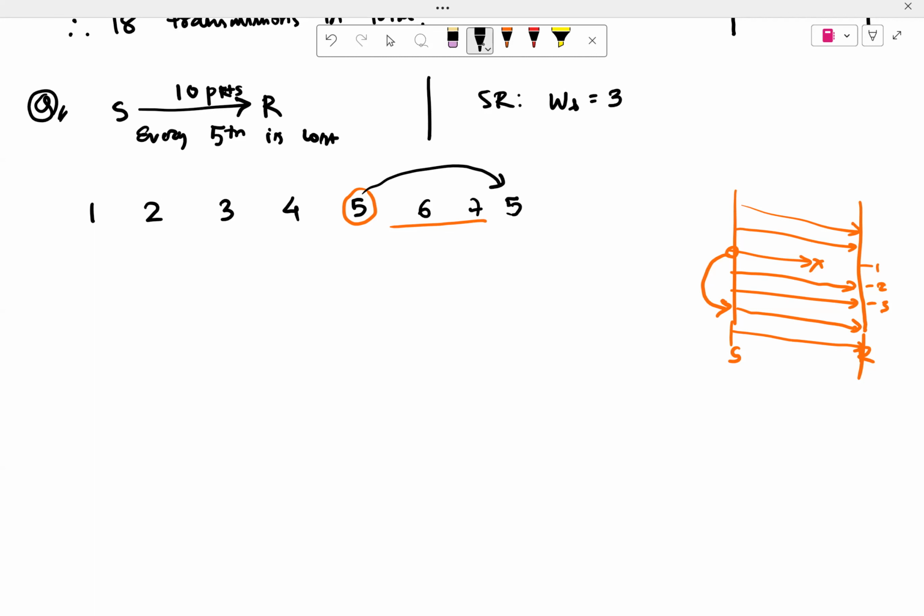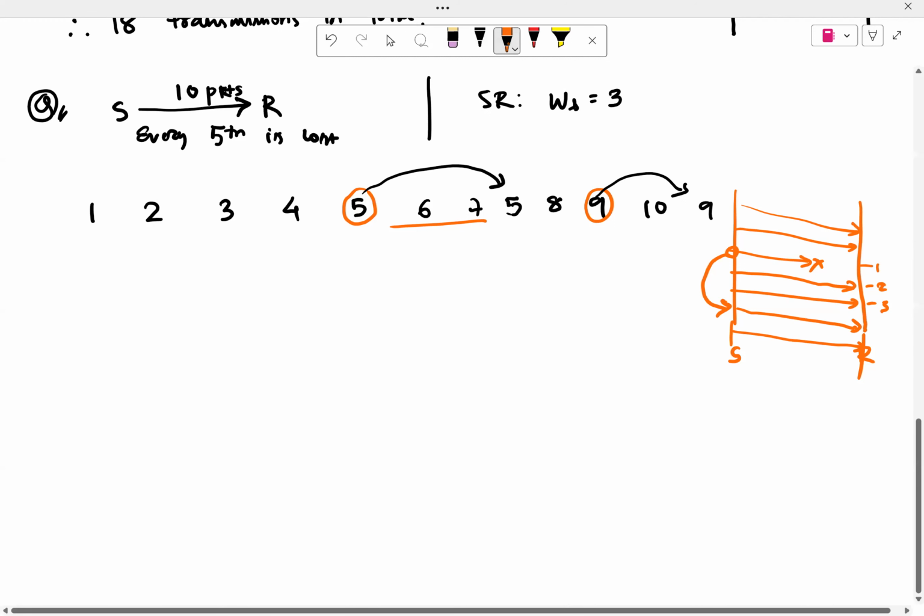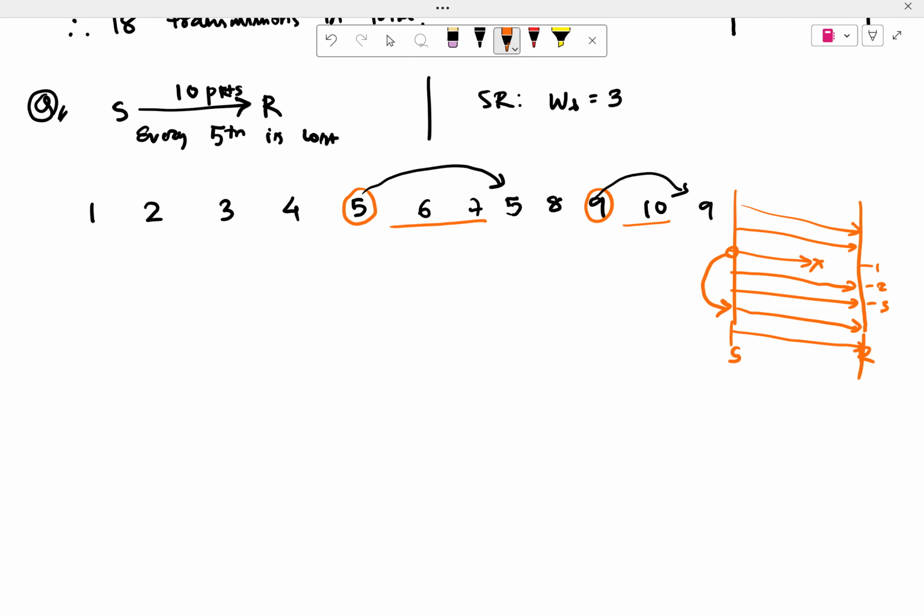Then we'll go on with 8 and 9. And 9 is the fifth packet, lost again. Then 10, and we selectively repeat 9 because the window is complete. So the total would be 8, 9, 10, 11, 12.